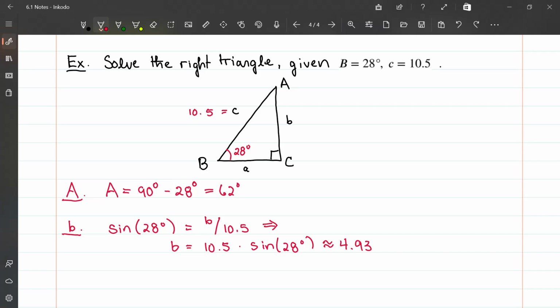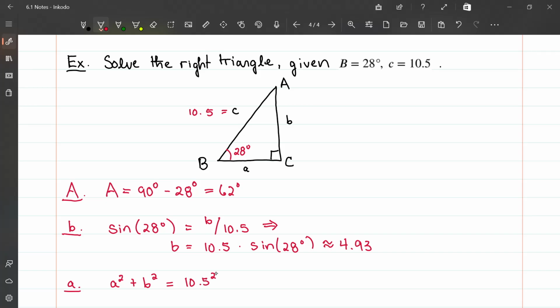Well, at this point, we have everything except little a, so we may as well go ahead and get to it. I know that little a, little b, and little c are related by the Pythagorean theorem, so I may as well go ahead and write: little a squared plus, and since little b is a bit ugly, I'm going to write little b squared, then the sum of their squares should be equal to little c squared.